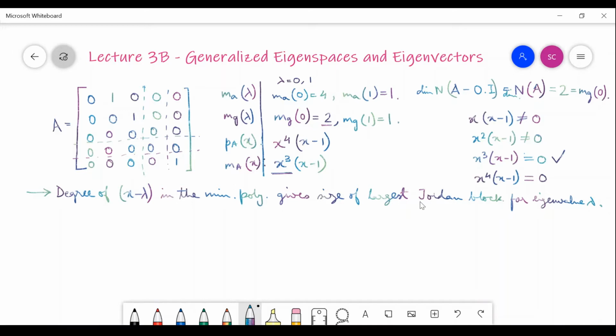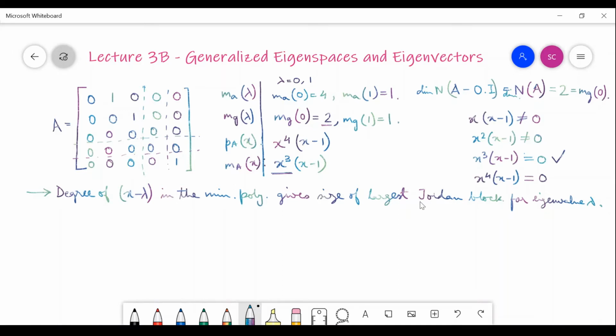Suppose the geometric multiplicity is equal to the algebraic multiplicity, then what will happen? See in this case, suppose mg of 0 is also 4, that means there are 4 Jordan blocks, and the algebraic multiplicity being 4, you have 4 diagonal entries for 0. So what are the Jordan blocks?